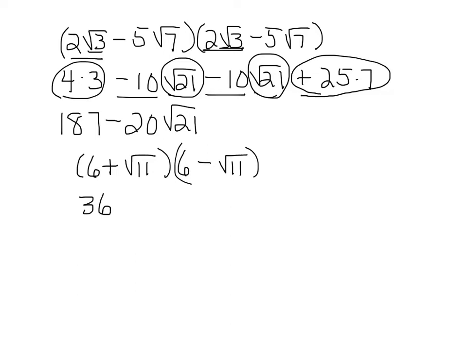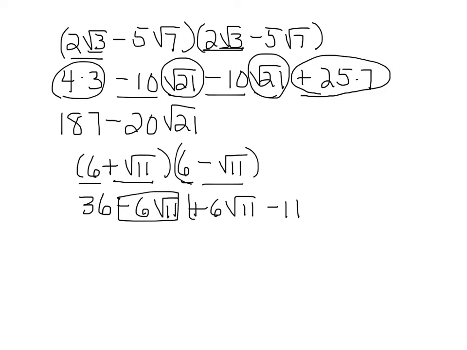When I do outer, just as we know, this is like the factoring pattern for a difference of squares. 6 times negative root 11 gives negative 6 root 11. 6 times positive root 11 gives positive 6 root 11. And last, positive root 11 times negative root 11 is negative 11. You can see that these are going to cancel out because they're the same thing with different signs.